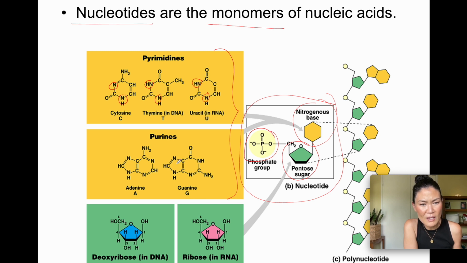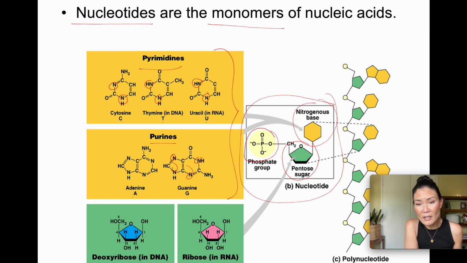So those are what we mean by the nitrogenous base. There's 2 kinds of nitrogenous bases. You have the pyrimidines, and then you have the purines. Pyrimidines are cytosine, thymine, uracil. Purines are adenine and guanine, okay?